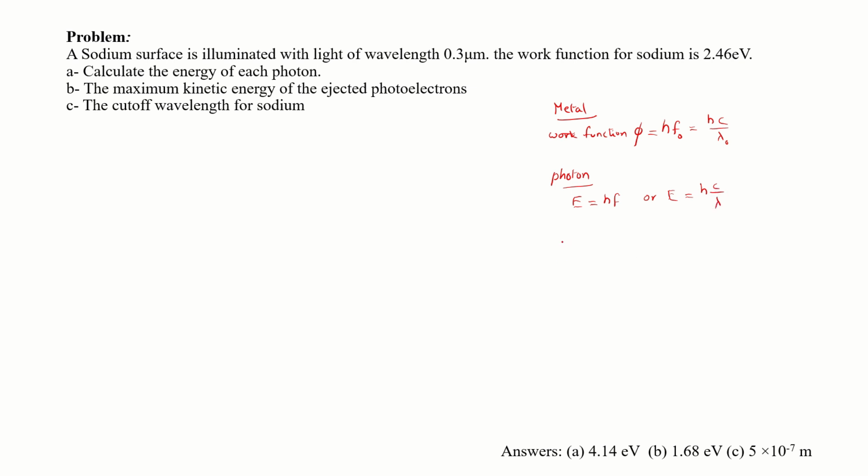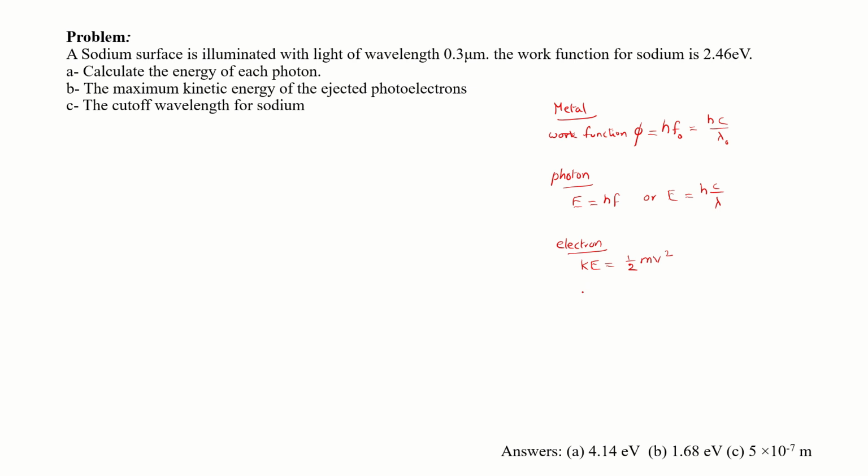Let's come to the electron now, the photoelectron in this case. The photoelectron has kinetic energy, which is equal to half m v square. This is the formula. Now, there are multiple formulas, that is, the stopping potential.